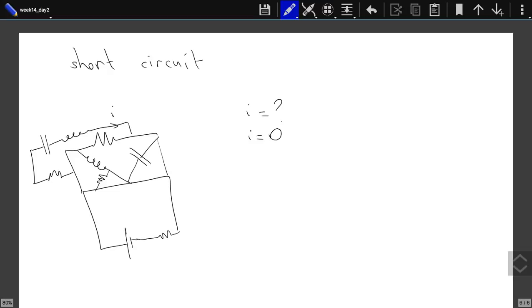Because of, for example, this point, yes, this point and left of the, yeah, for example. There is a potential difference between these points.